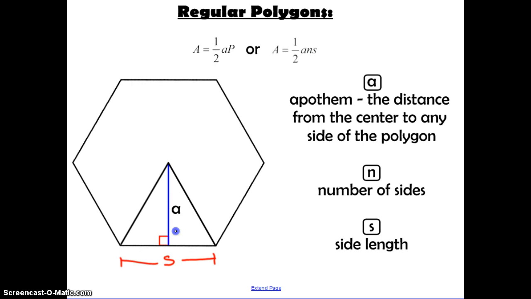A triangle, remember the formula for area of a triangle is 1/2 base times height. So here, 1/2, the base, S, times the height, the apothem. So we have 1/2 A times S, and then N for the number of sides tells us how many of those triangles we have. So this is actually exactly what we did on the page before. We just have to find the area of this triangle first.